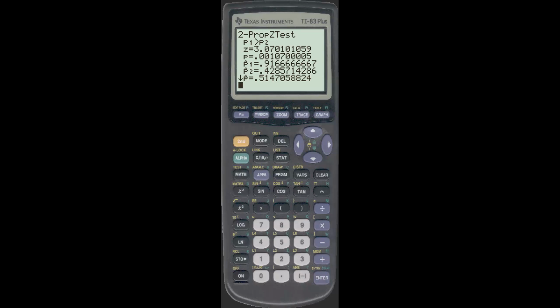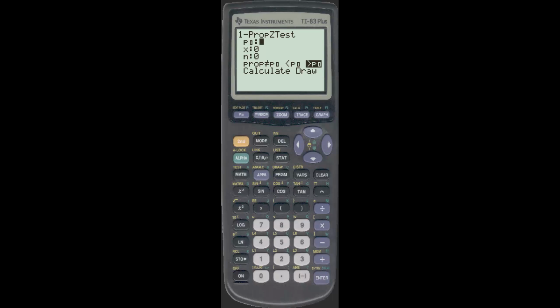So you're going back to your calculator, and have you done a 1 prop z-test in a while? It's been a second, but okay. Let me snip it in. When you go to 1 prop z-test, we'll just do it for the first one.